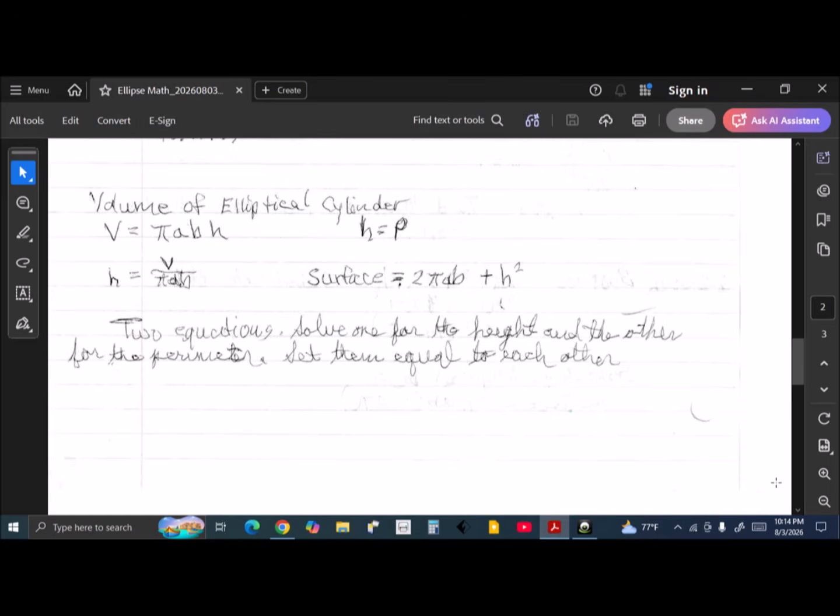And I said, well, let's take a look at the volume of an elliptical cylinder. The volume is pi abh, and we can solve for h as the volume divided by pi ab. And then with the surface of the elliptical cylinder, it has a perimeter equal to the height, the surface would be 2 pi ab plus a squared.